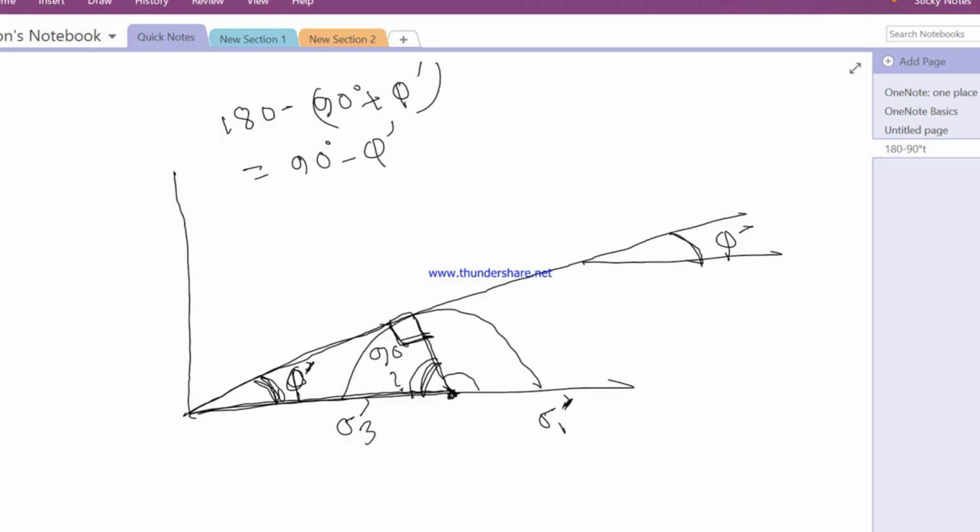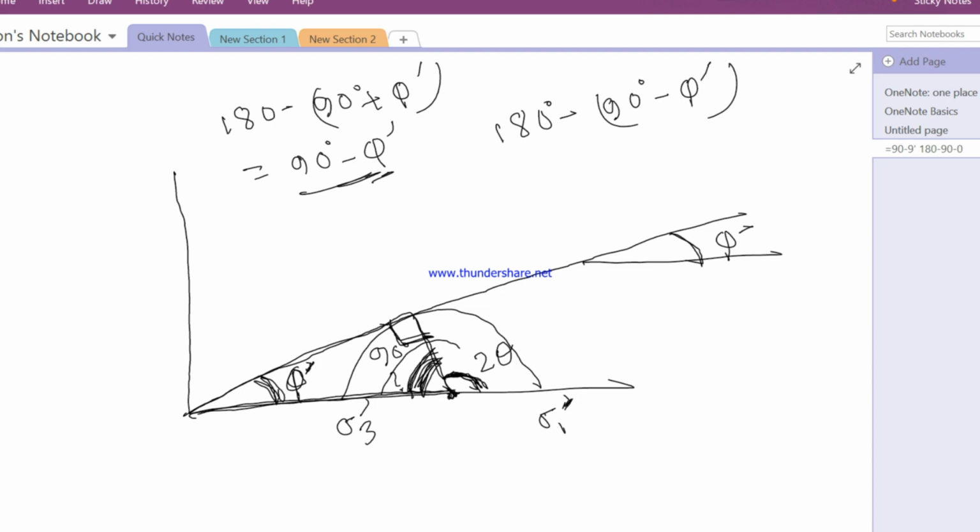And remember, this is always 2 theta. We get this value as 90 degrees minus phi prime.